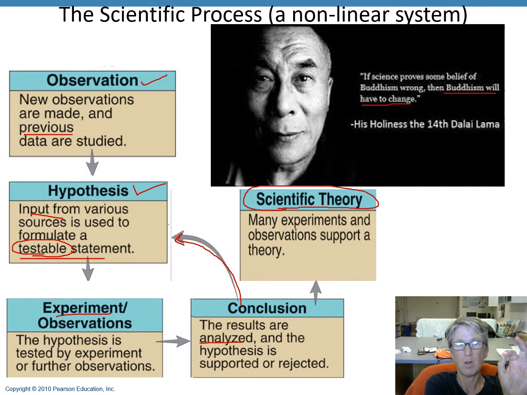The germ theory is a theory that says germs cause disease. So when people say, oh, it's just a theory, that's absolutely wrong. It's not just a theory. It might be just a hypothesis or just a conjecture, but it's never just a theory. Theory is the big dog. If you're a theory, you're kind of important.